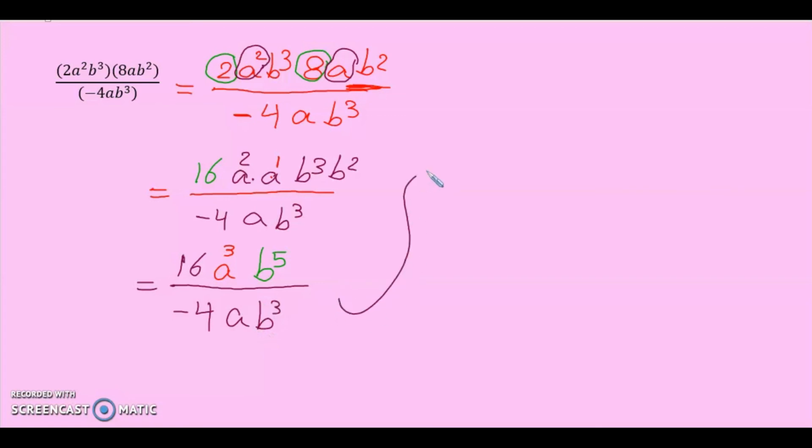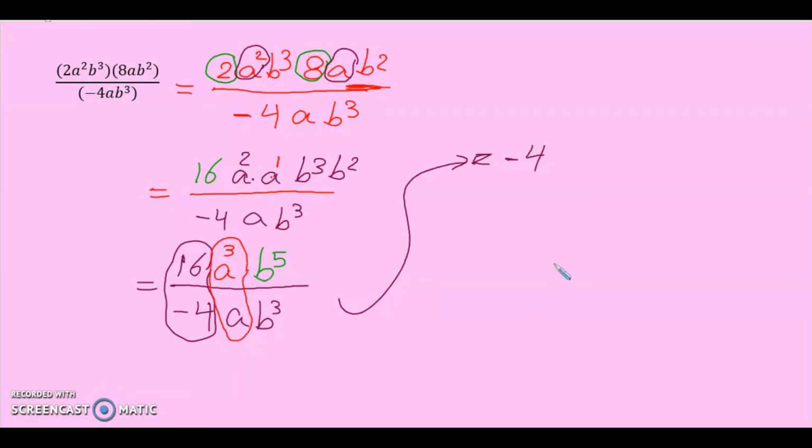Okay, so next step, you have coefficient on top, coefficient on bottom. You need to divide these two. 16 divided by -4 obviously would be -4. And then you have to divide these two. You have a cubed on top and 1a on bottom.